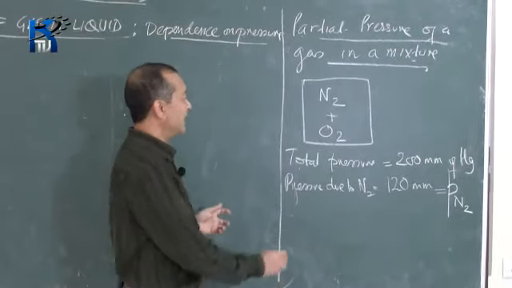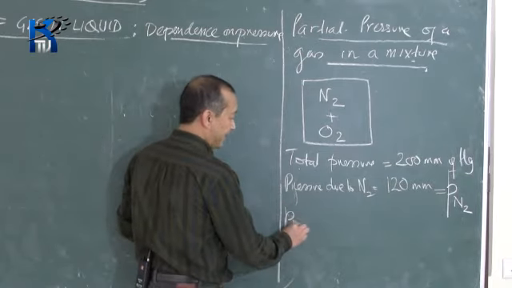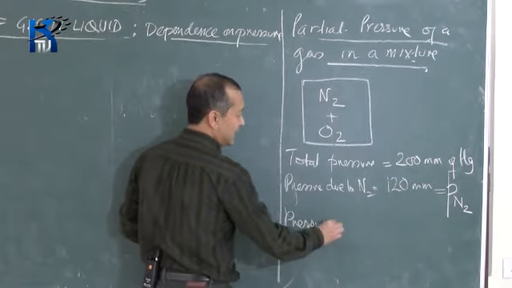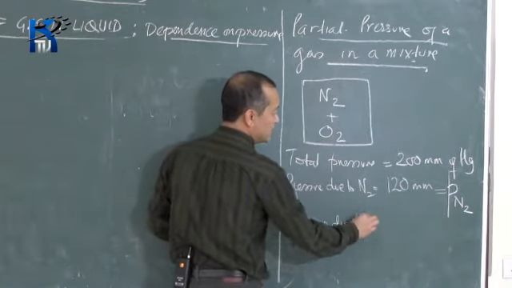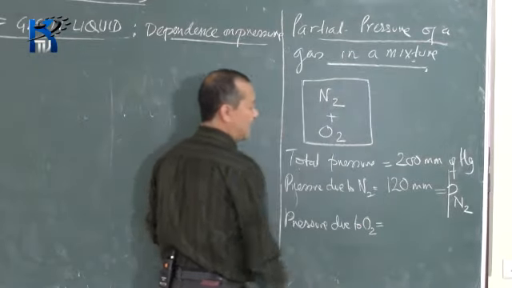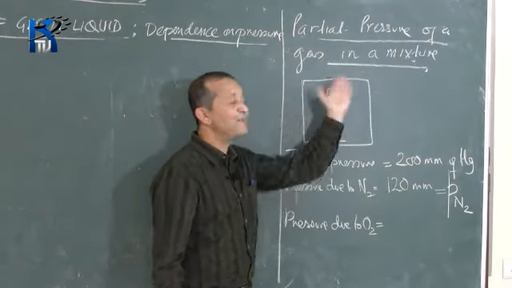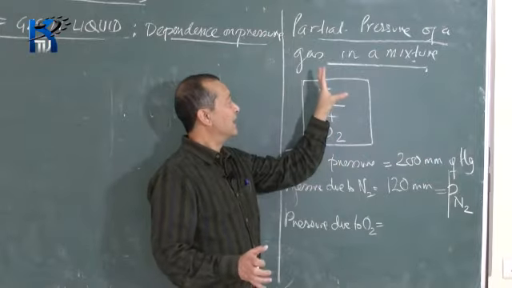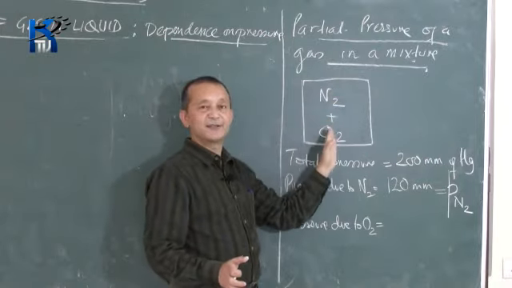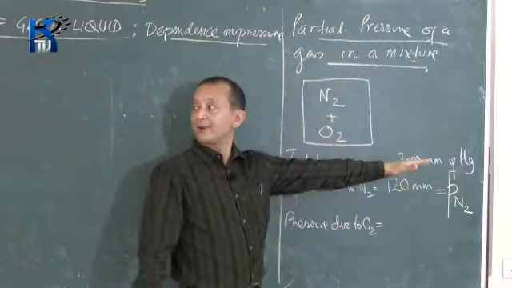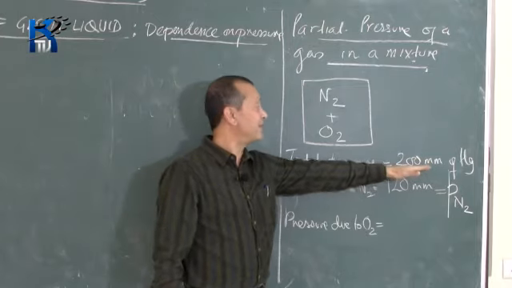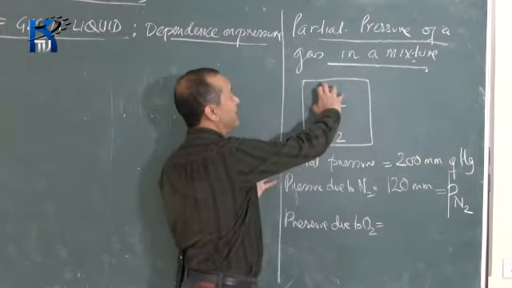All right. Now in the same way, the pressure due to oxygen, or the partial pressure of oxygen. Again in the same box containing nitrogen and oxygen together exerting a pressure of 200 millimeter of mercury, supposing you somehow remove the nitrogen.